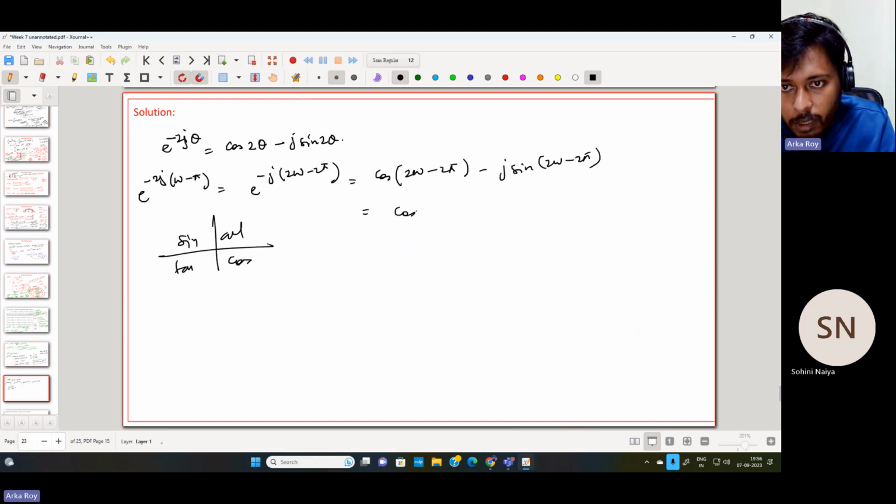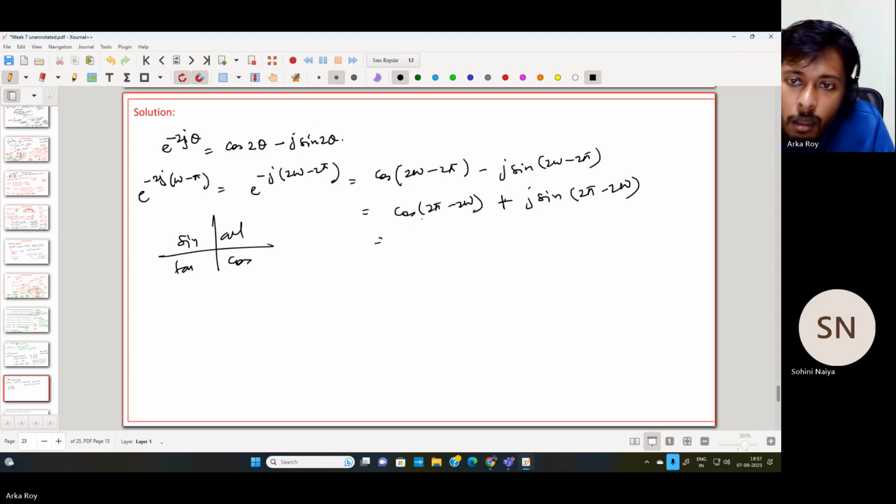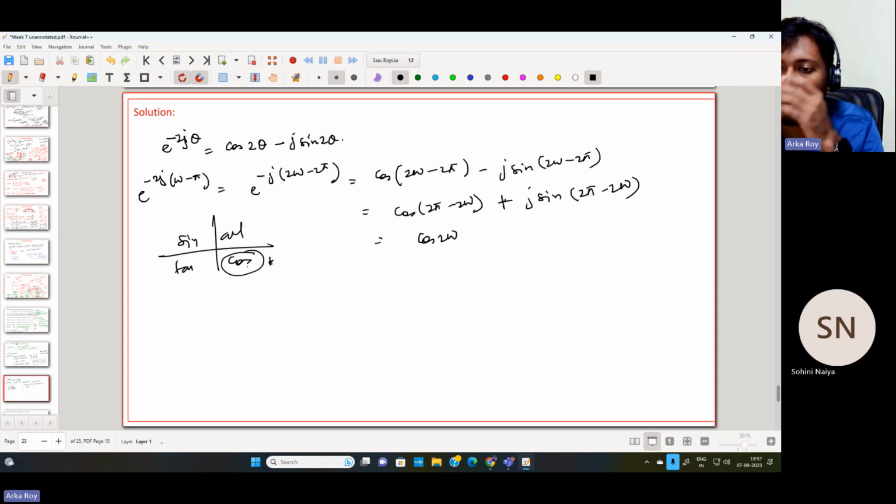So it is cos(2π-2ω) minus j sine. If I take the opposite part first, 2π minus 2ω, it will give you plus over here. Now 2π minus 2ω means it is lying in the fourth quadrant. The fourth quadrant is reserved for cos, so it will be cos 2ω, and for sine it will be minus, so j sin minus 2ω.